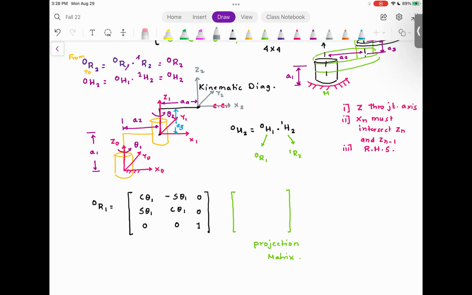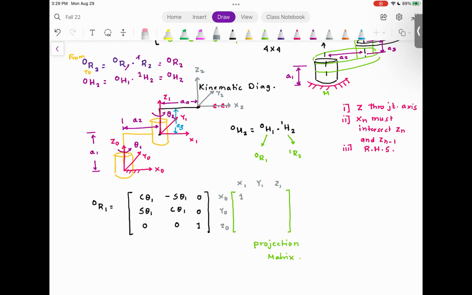But check this out. So this is called the projection matrix. And how do you determine this projection matrix? Same, x1, y1, z1. This takes care of the alignment between the frames x0, y0, z0. Can you see x1 is in the same direction as x0? Do you agree with me?